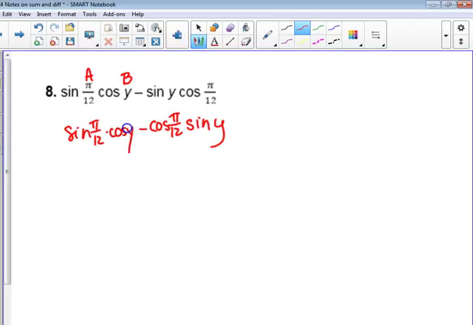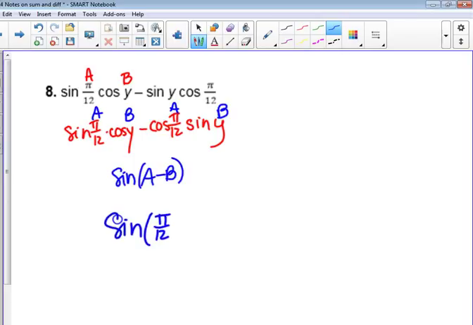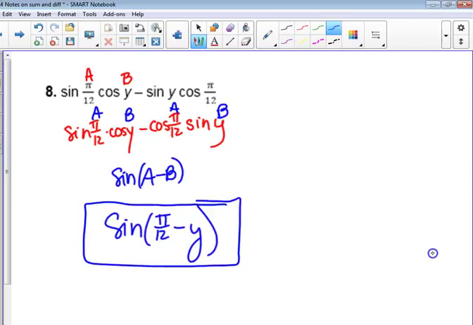Yeah, multiplication we can do in any order, right? So now we have A, B, and what is sine cosine minus cosine sine? So we would write sine of pi over 12 minus y and be done. That one was tricky just because they were trying to trick us and write it in the wrong order, but we can multiply in any order.